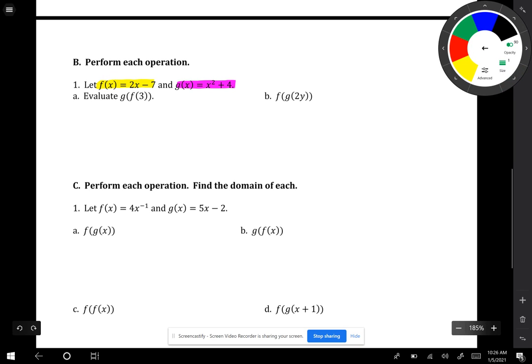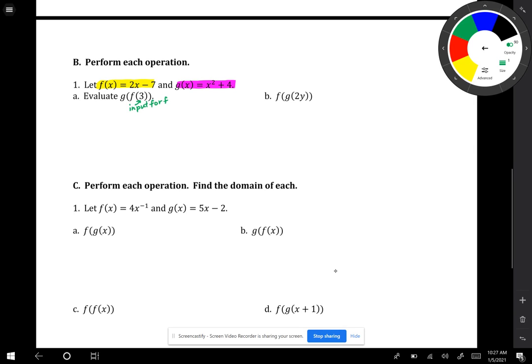Evaluate g of f of 3. So this number right here is the input for f, because it's right next to that letter f. So you're going to go to the highlighted yellow function, and this is how I would write that.